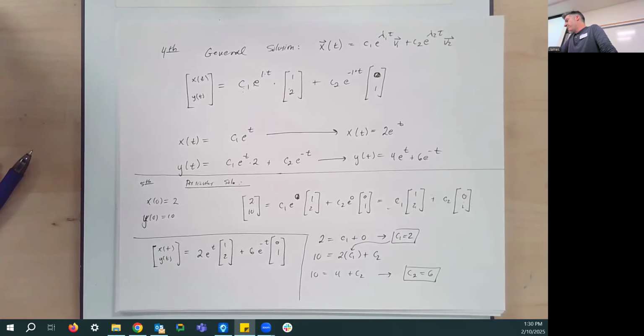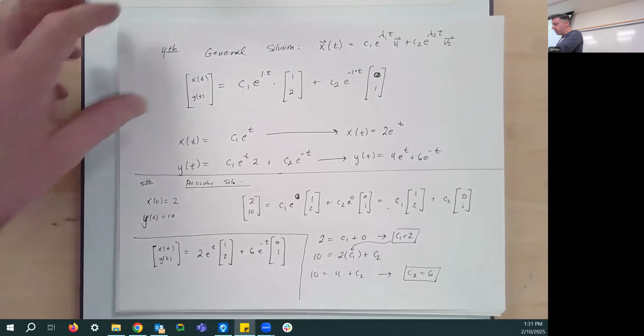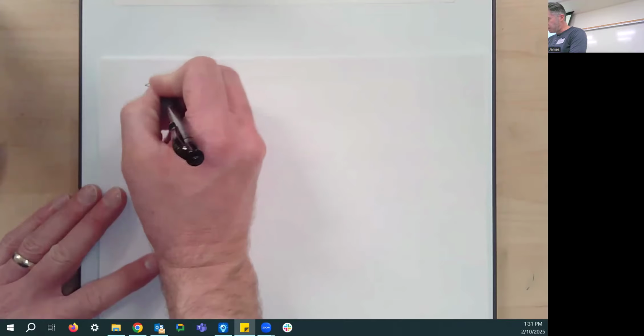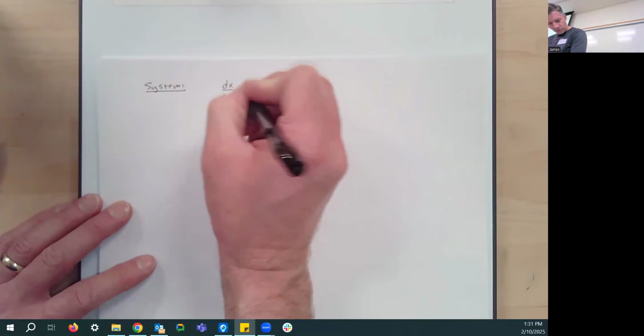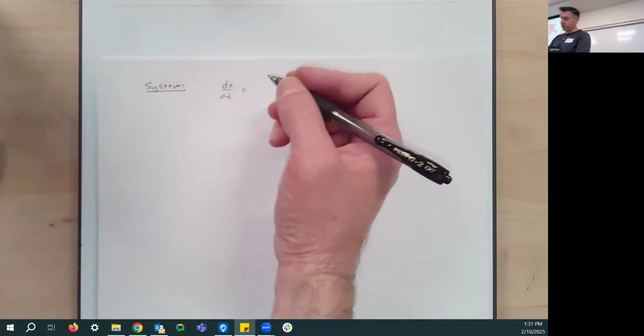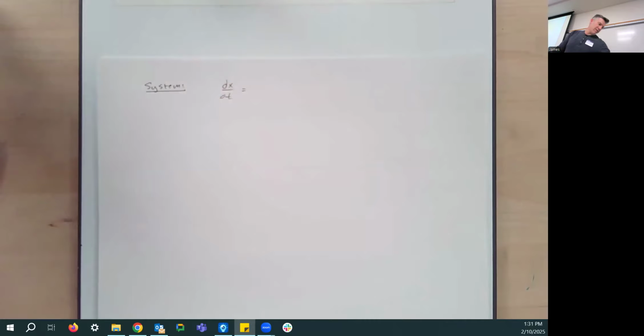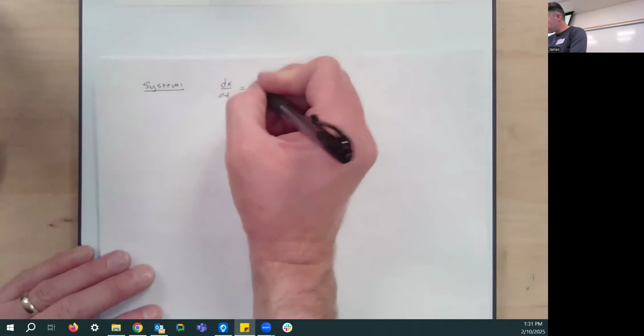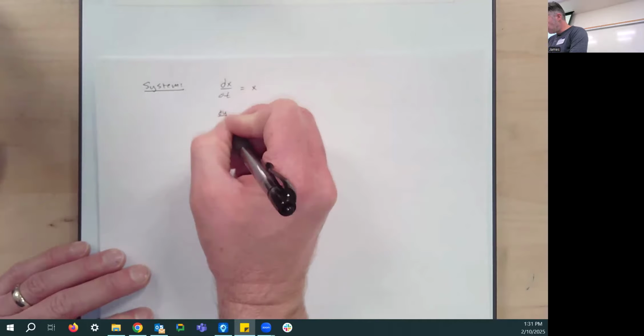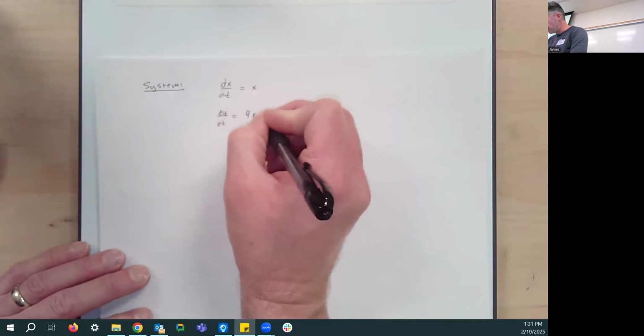So what I would say is it's not so much twisty as it's what we do with it afterwards. So let's talk about what our solutions mean. Again, our system was dx/dt equal to x, and dy/dt equal to 4x minus y.